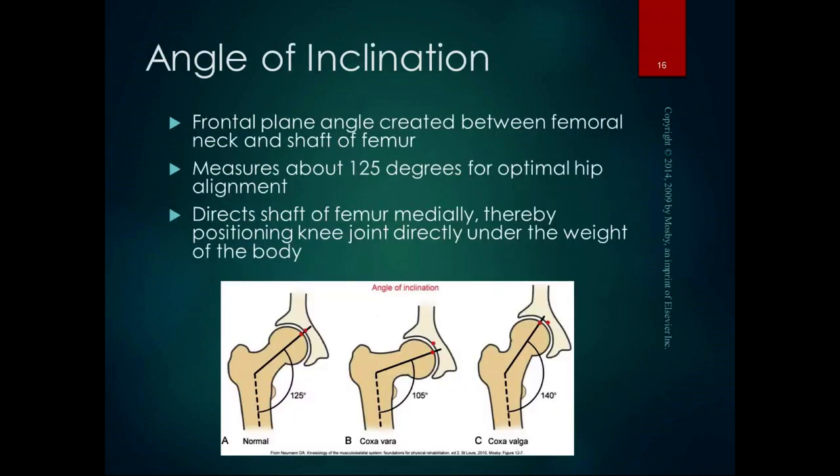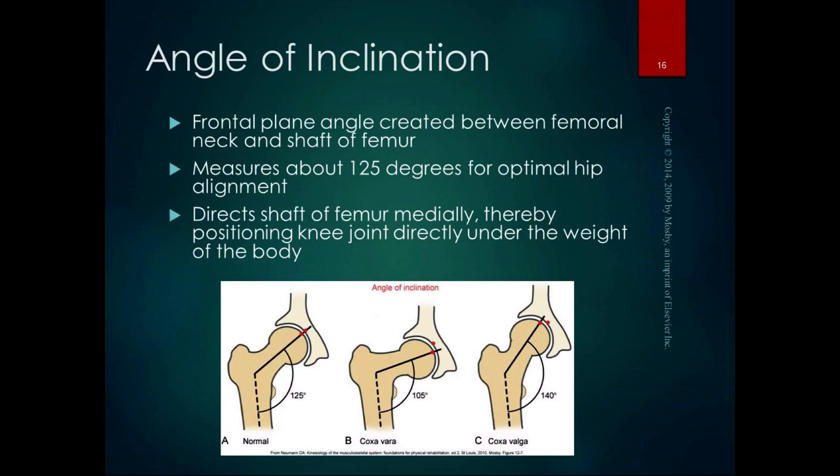So just talking about the bony arrangement of the femur, we're going to talk about two aspects of that. One is a frontal plane alignment, which is the angle of inclination, and one is a transverse plane alignment. The angle of inclination is there because the femur is not just dead straight; it actually takes a little turn into the neck and head portion.